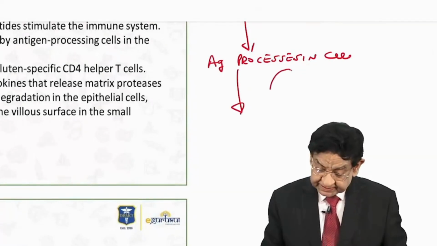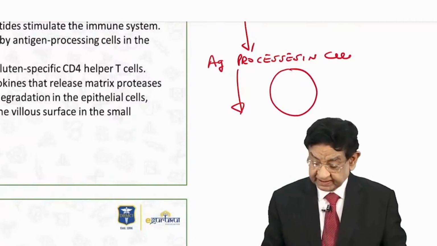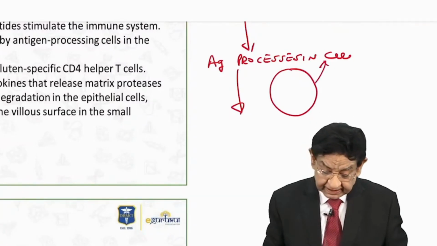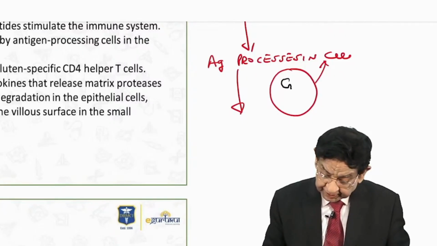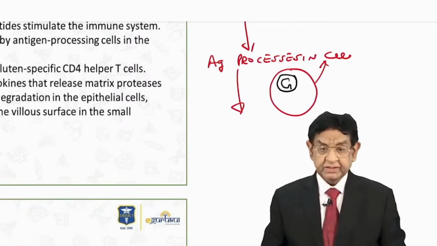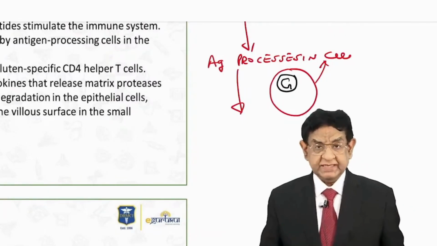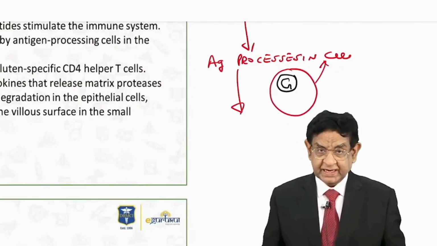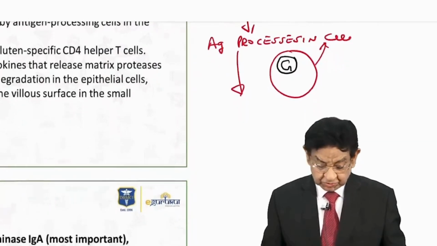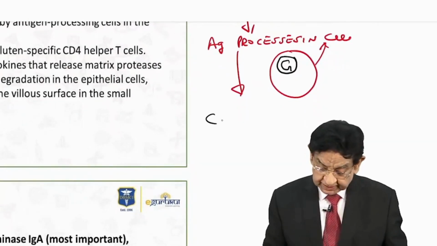So let's say this is the antigen presenting cell, and let us say here is the gluten. So the antigen processing cell is carrying a nice gift, the gluten, and now this goes to the CD4 cell.